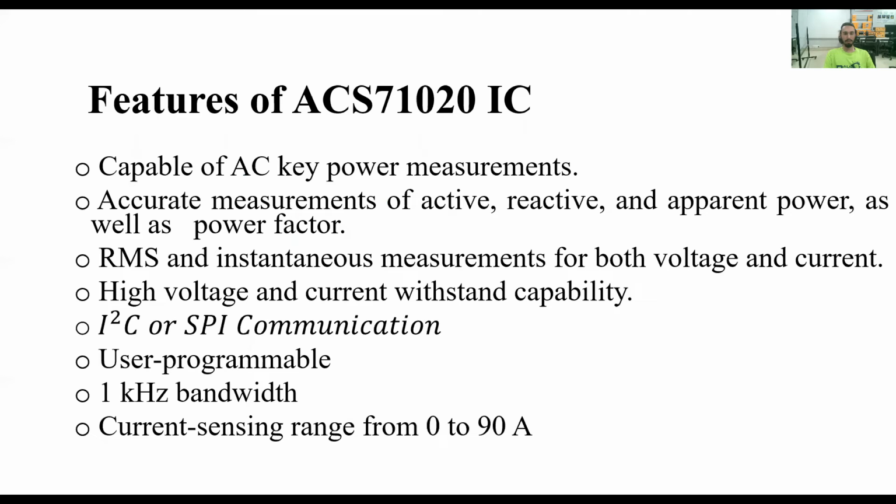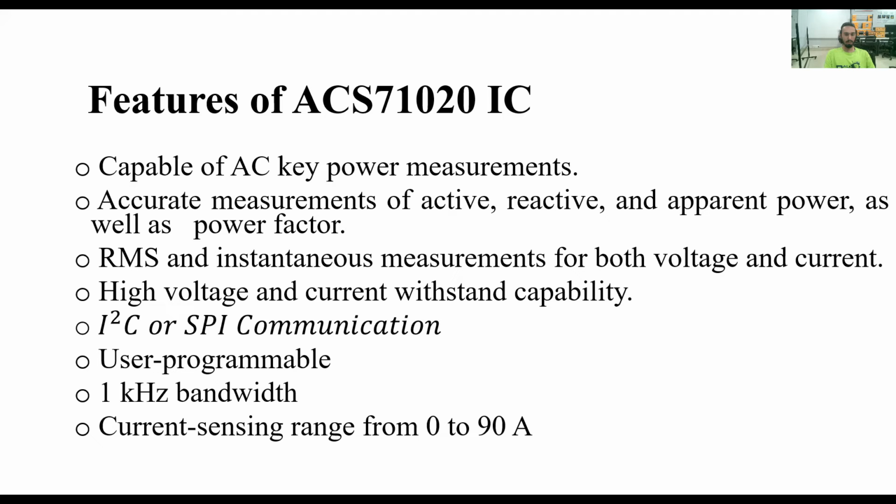Features of the ACS71020 IC. These are the features of our IC. The IC is capable of AC power measurements. It can accurately measure active, reactive and apparent power as well as power factor. It can also measure RMS and instantaneous and averages for both voltage and current.